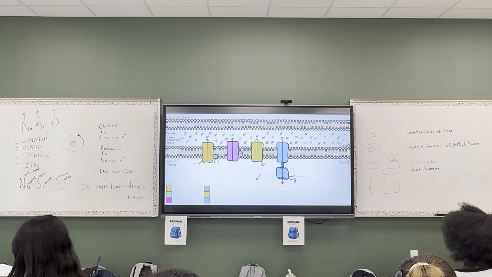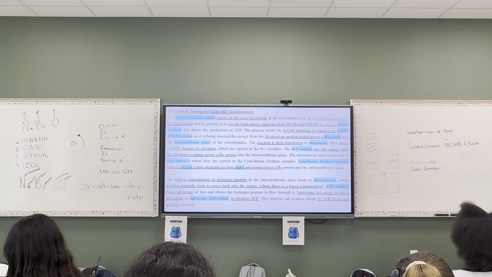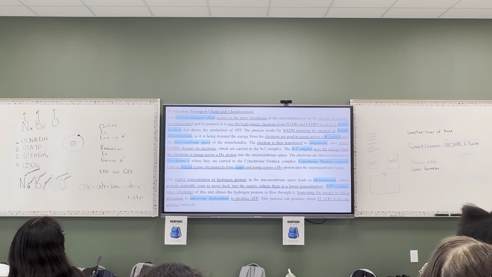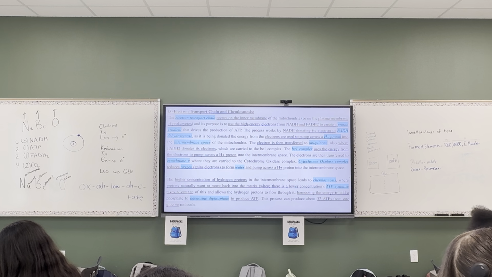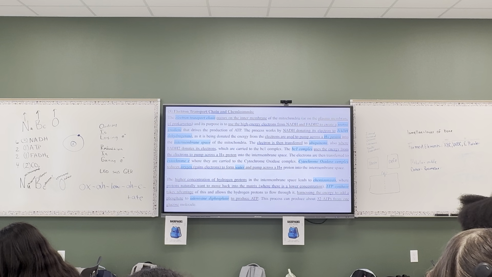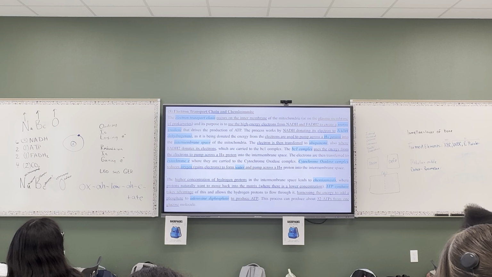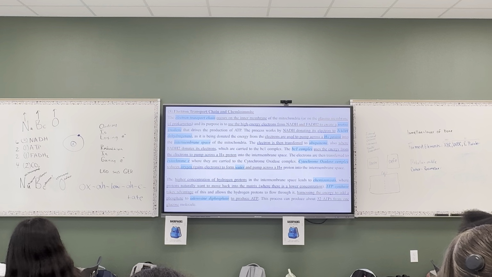So let's look at it. So, what does that look like? Well, it is this whole thing right here, okay? So, Caitlin, go ahead and read the first sentence for me, please. The electron transport chain occurs on the inner membrane of the mitochondria along the plasma membrane of prokaryotes. And its purpose is to use the high energy electrons from NADH and FADH2 to create a proton gradient that drives the production of ATP.